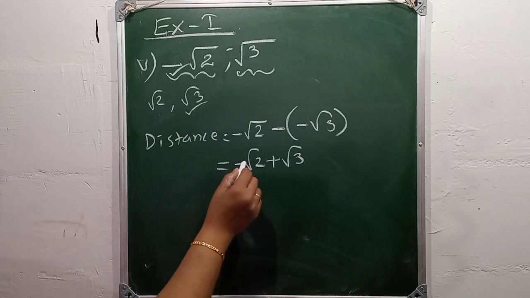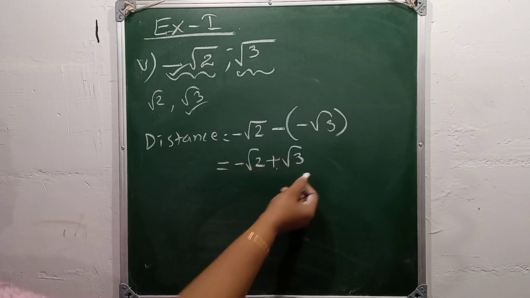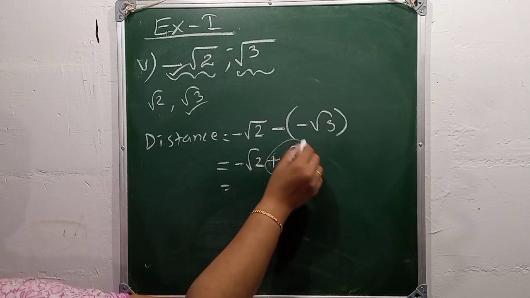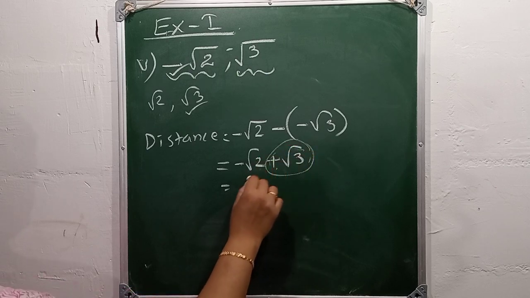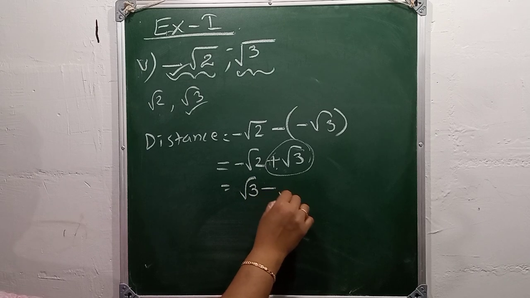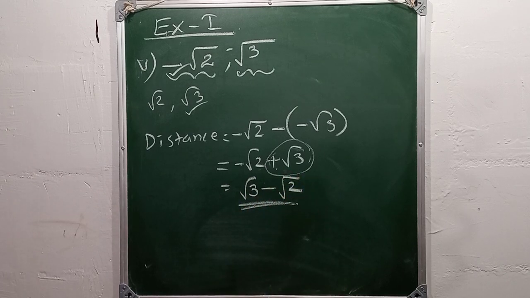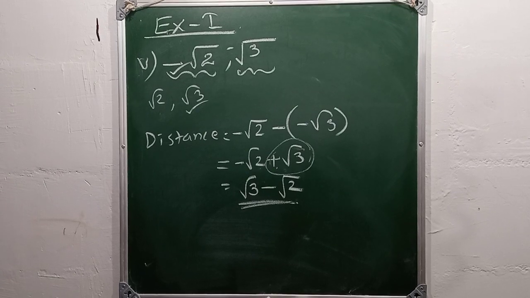That is minus root 2 plus root 3. So we can write this as root 3 minus root 2. So the distance between the points negative root 2 and negative root 3 is root 3 minus root 2.